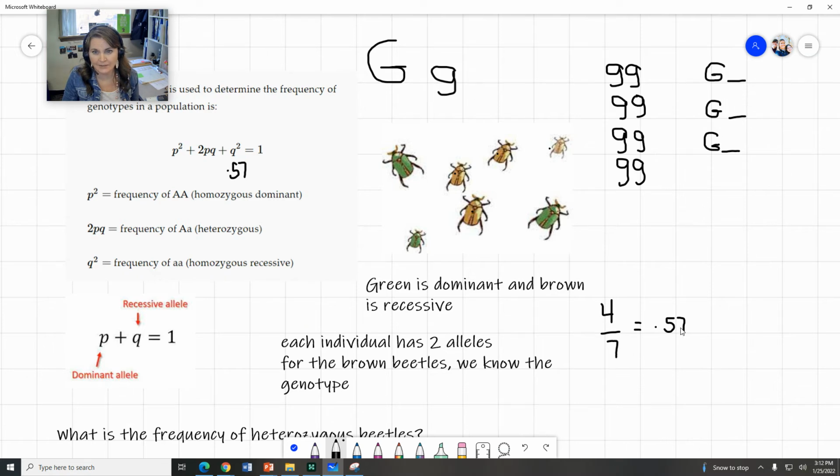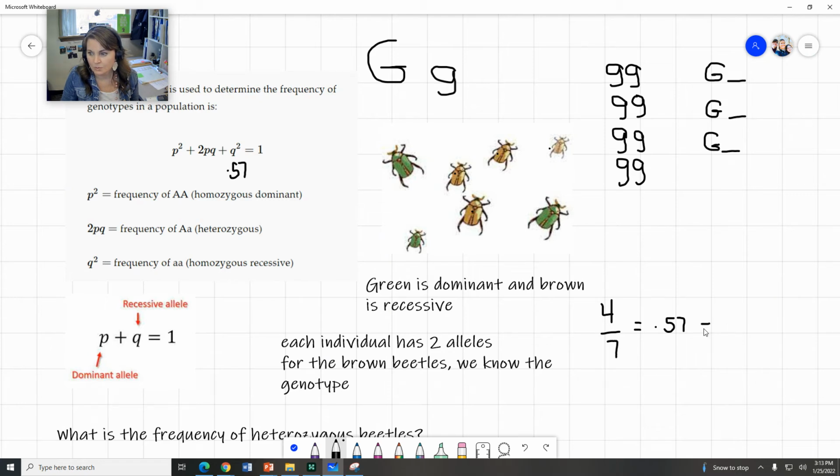So 0.57 is brown. I can also determine what the actual presence of this particular allele is. This is q squared, which is 0.57.